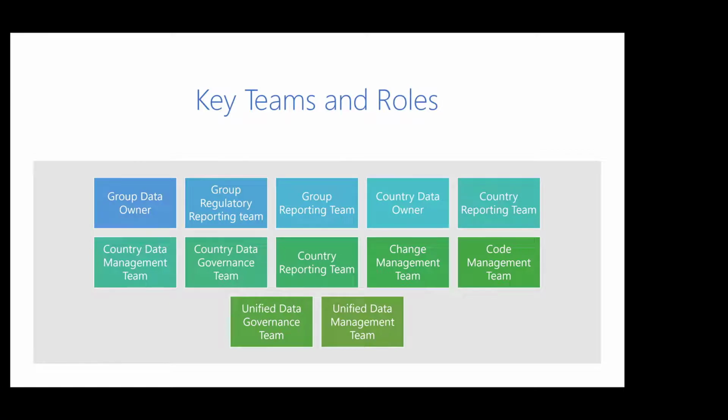There are many teams that might already be there within a company, like a group data owner, country data owner, a change management team, data governance team, code management team, and so on and so forth. So even though they are moving from on-prem to cloud, none of these key teams and roles have to become obsolete.